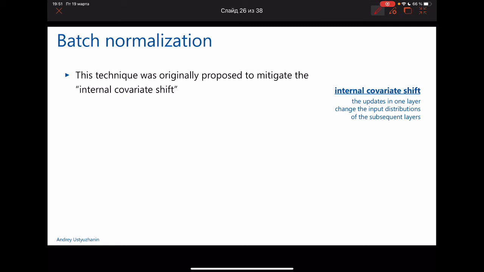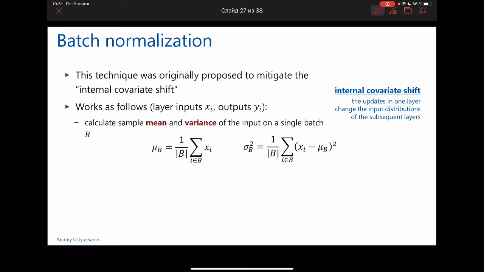To mitigate this, the technique of batch normalization has been introduced. It works in the following way. We calculate the sample mean and sample variance on a single batch, so it is mu_B and sigma_B squared.